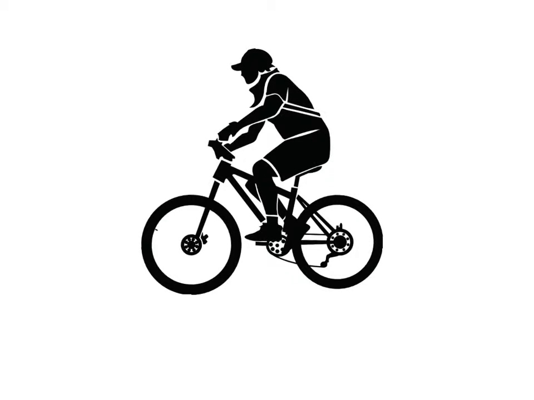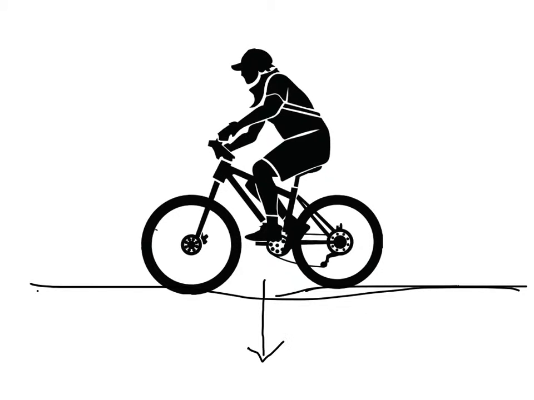Okay, let's apply some of the ideas that we've learned so far, and let's consider this case where a cyclist is riding on a flat road like so. One of the forces we should be able to recognize straight away is that any object on any planet or on the surface of a moon which has gravity will have weight, which is acting straight down towards the center of the planet, and here on Earth it is going to be the center of the Earth.